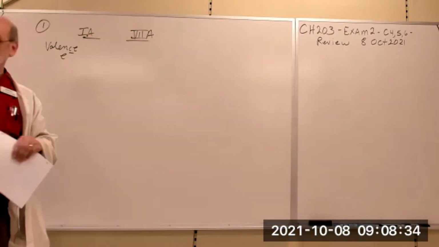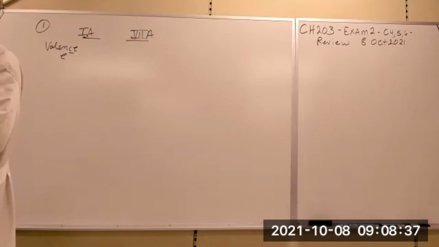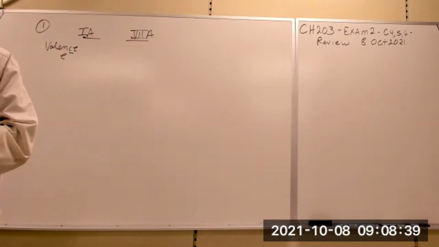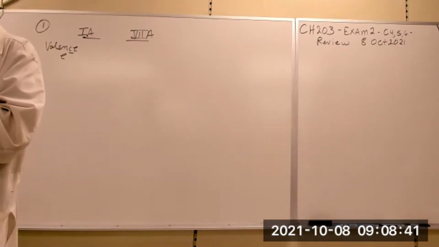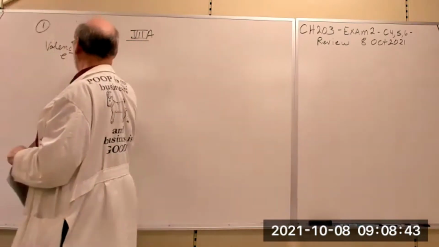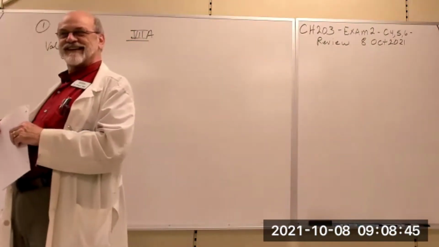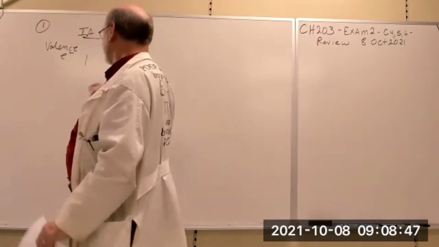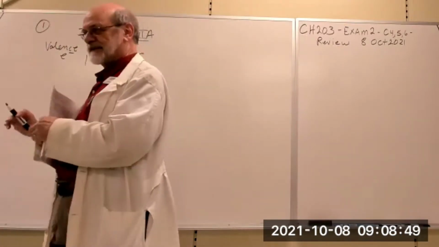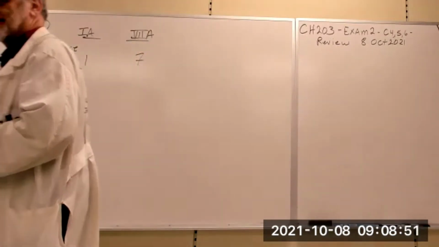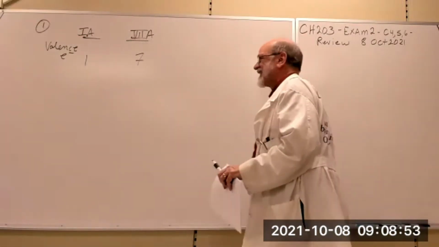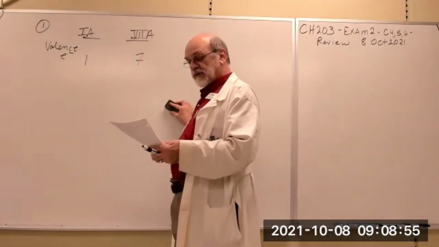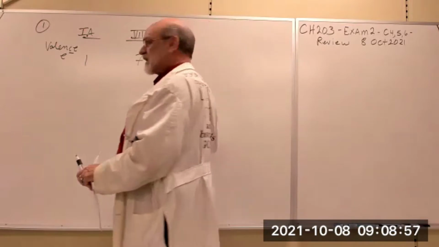Can you tell from the periodic table? 1, 2, 3, 4, 5, 6. So the first one has 1 valence electron. How about the 7th group? 7. That was too easy. We love easy. Hopefully we'll start slow and then pick up speed.